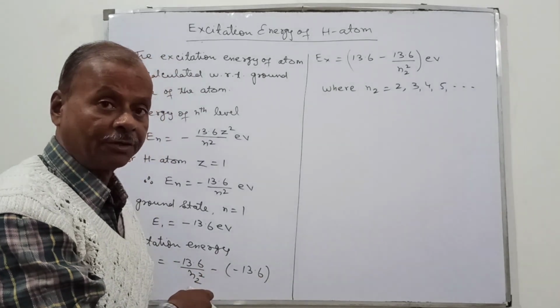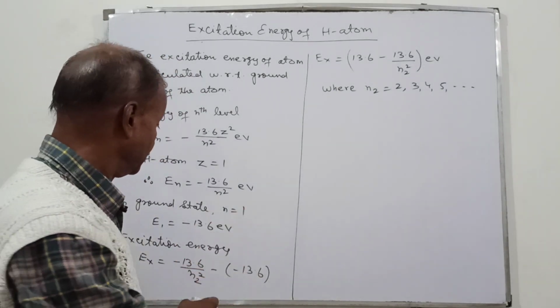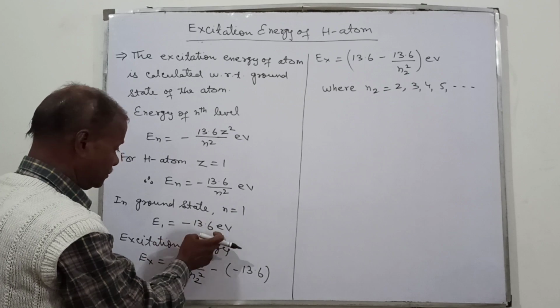Because first we have calculated the energy for the ground state, that is n equals 1 here.